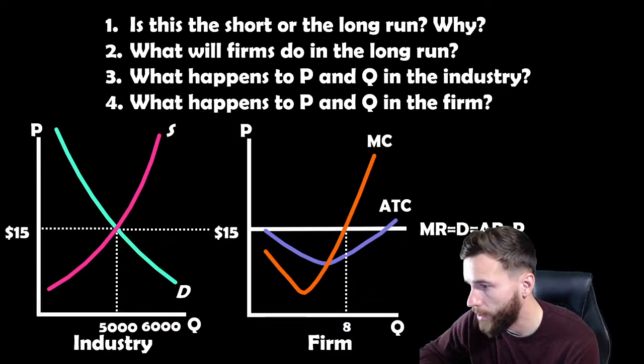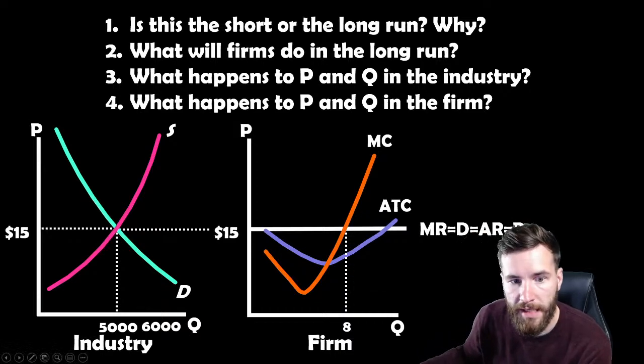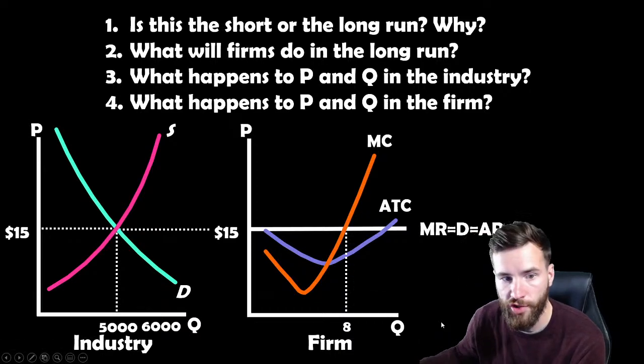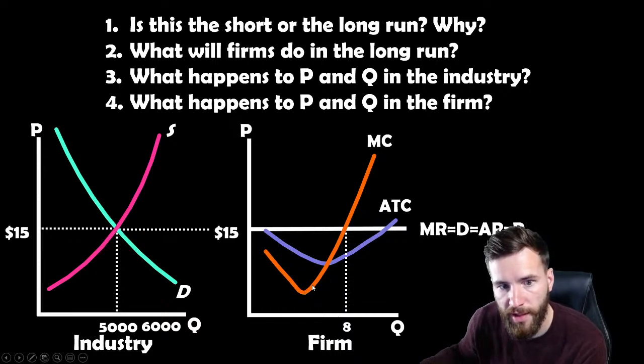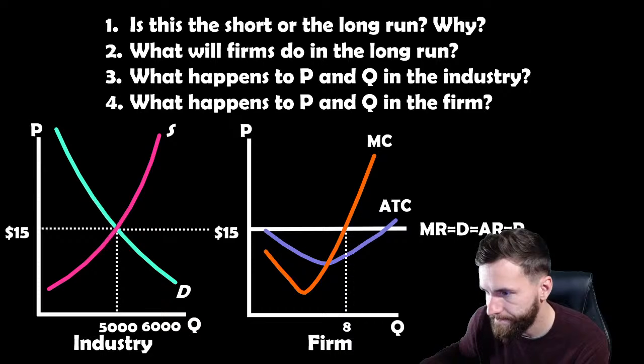The next thing I like having students do is draw marginal cost first, because that gives you your quantity, where MR equals MC. Once you draw your quantity, you just have to make sure ATC crosses MC at its minimum point, and is still less than the price at that quantity.